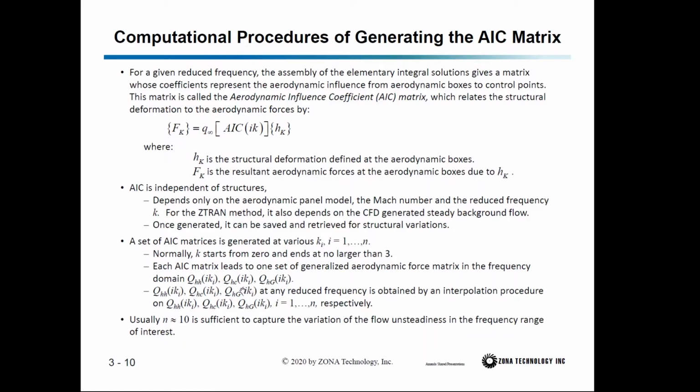Each AIC leads to a set of GAFs: QHH, QHC, and QHG. During the aeroelastic computation, at any given reduced frequency, we can interpolate the QHH, QHC, and QHG from those computed GAFs at those reduced frequencies.